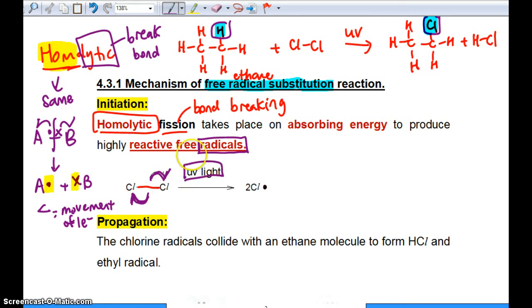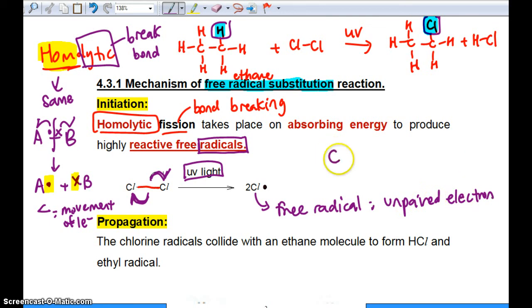By absorbing UV light, to break a bond we need to absorb energy, and then we get this chlorine dot. This represents a free radical. The dot actually represents the radical. What is a radical? It is a species with at least 1 unpaired electron.